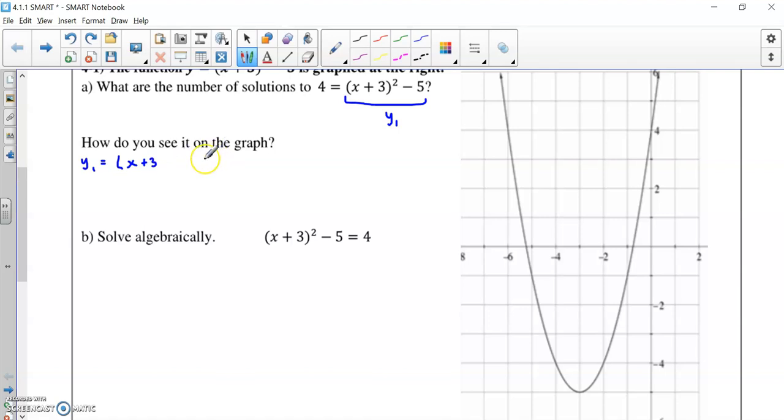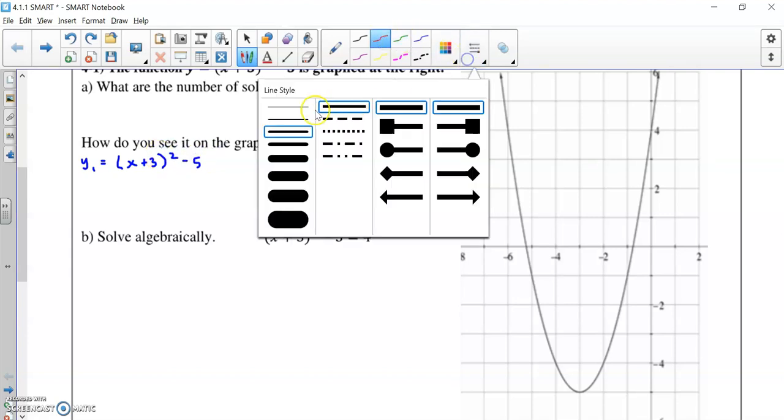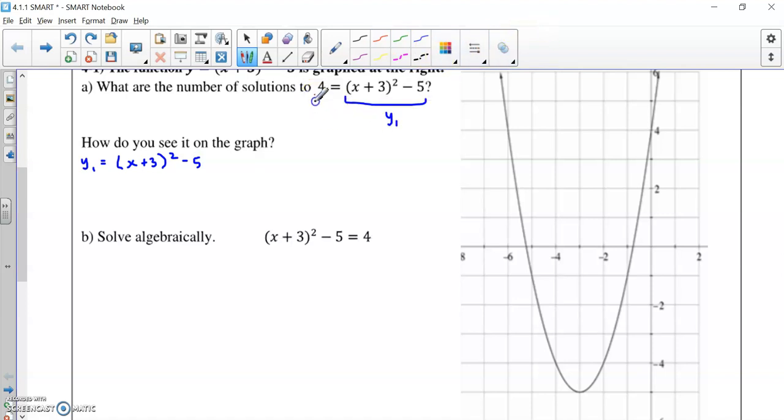Now y2 would then be the other side of the equal sign. So in our case, it's going to be this 4. So y2 equals 4. The 1 and the 2 are just to help us remember which one's first, which one's second. Really, it's the same thing as just y equals 4 and y equals this other equation.